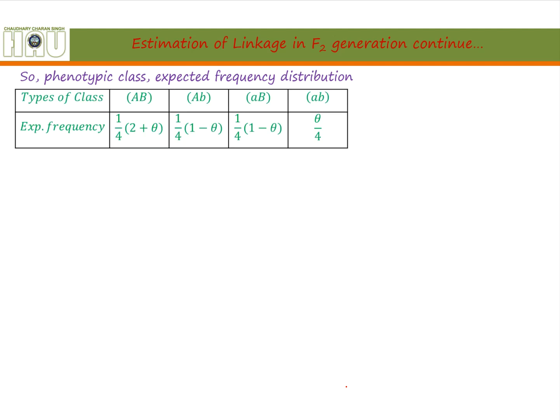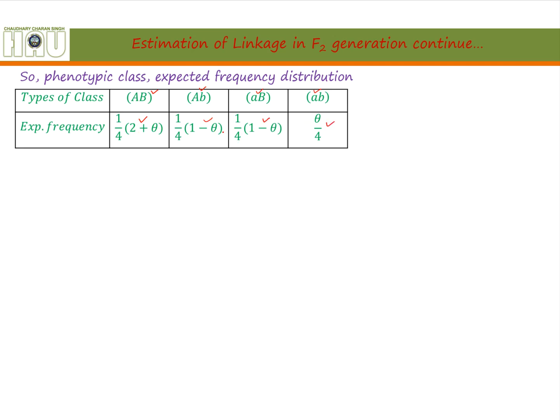So the phenotypic class expected frequency distribution we will get is this. We have four classes: capital A capital B, capital A small b, small a capital B, and small a small b. And their expected frequencies are 1 by 4 into 2 plus theta, 1 by 4 into 1 minus theta, 1 by 4 into 1 minus theta, and theta by 4.